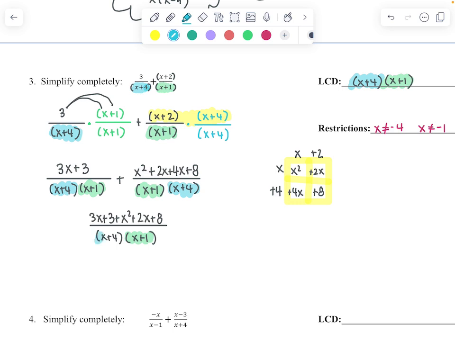So after we combine our like terms, we don't have any like terms with the x squared, so it becomes x squared. 3x plus 2x is 5x, and 3 plus 8 is 11. So our final answer is x squared plus 5x plus 11 all over our least common denominator of x plus 4 times x plus 1.